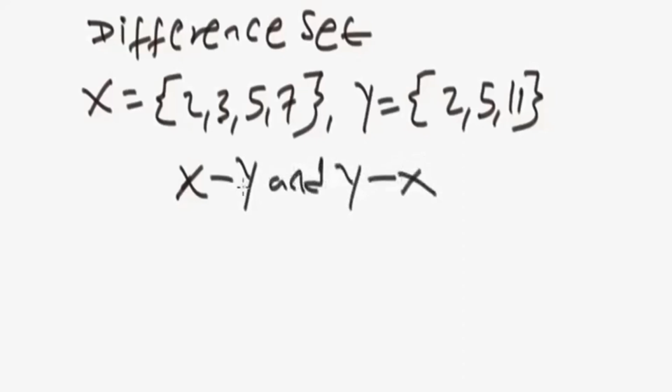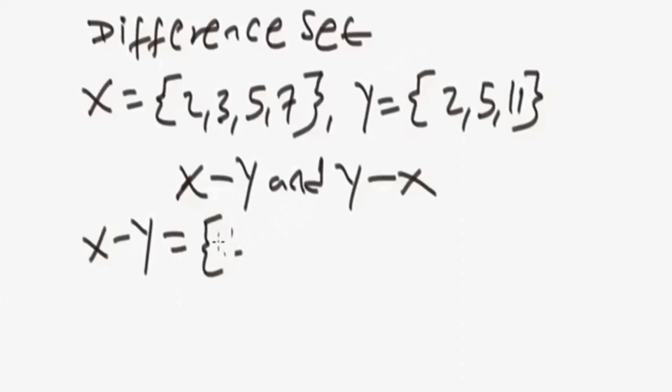What this means is, x minus y means the difference between x and y. You should find the elements in set x not in set y. As you can see, in set x we have 2, and in set y we do have 2, so we're not going to include 2.